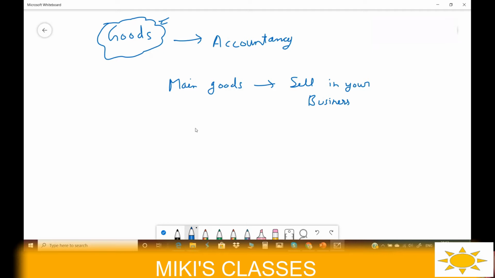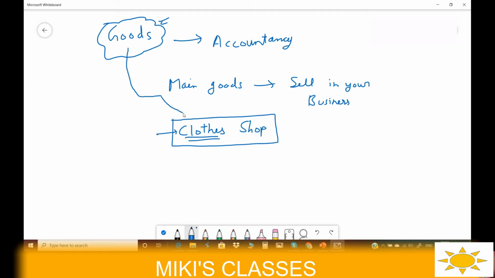What do I mean by that? Suppose I am someone who has a store for clothes. I have a clothes shop. Now, if I'm talking about selling goods, I'm talking about selling clothes. If I'm talking about buying clothes, I'm talking about buying goods. So this word goods is used for the main business which the person is into.